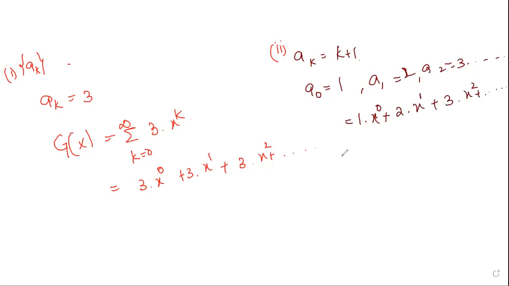Or else we can write it in sigma notation as the sum for k equal to 0 to infinity of k plus 1 into x power k. This way you can give the notation.